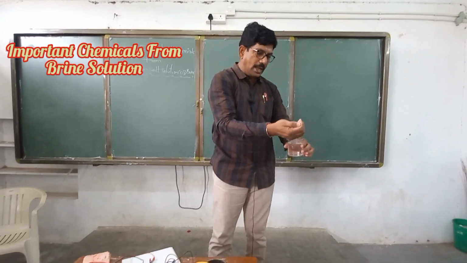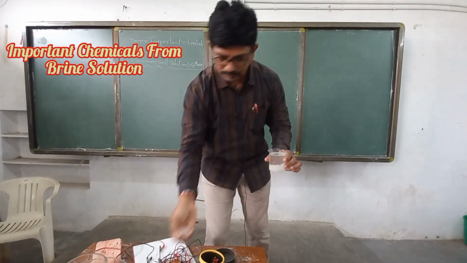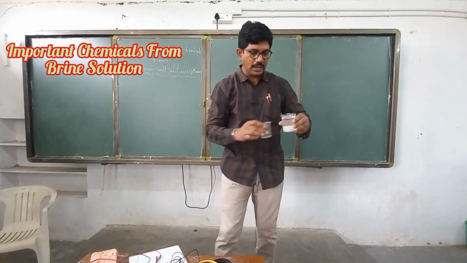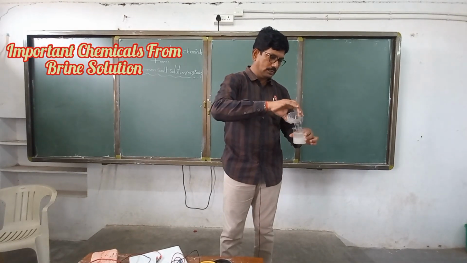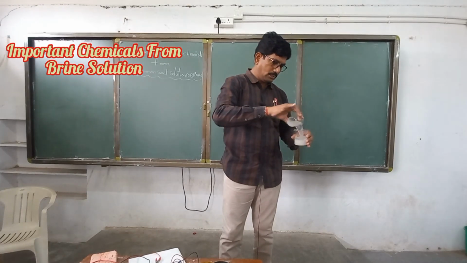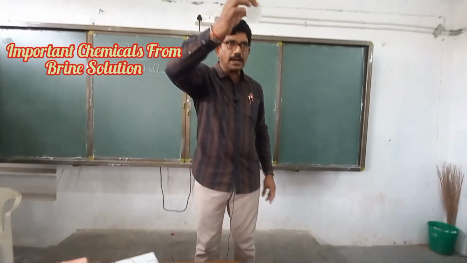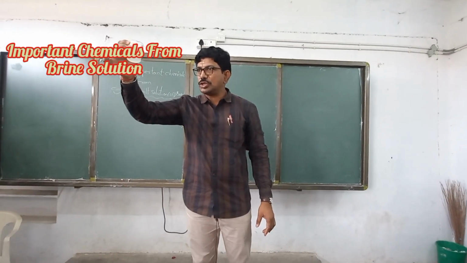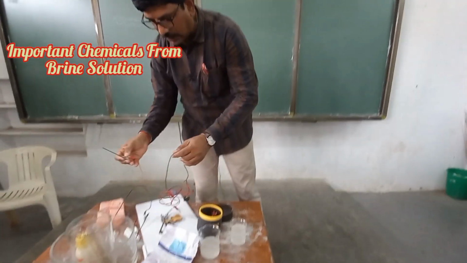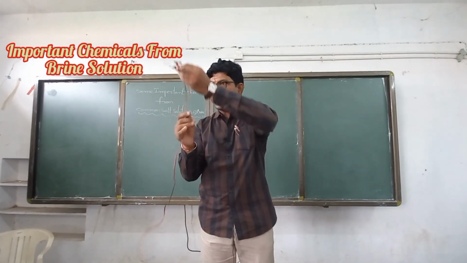Next I am preparing the common salt solution, a concentrated salt solution, which is known as brine solution. Next are two electrodes. Generally they are made of graphite. I have taken pencil leads as the two electrodes, and the connecting wires.